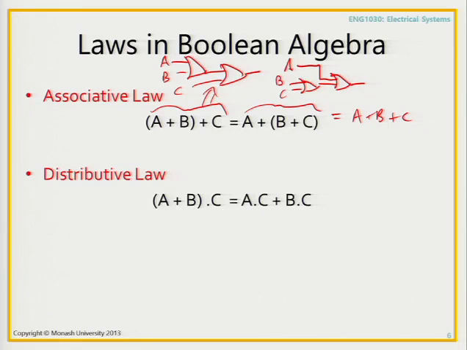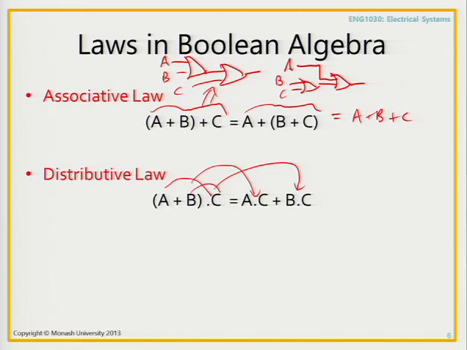Boolean algebra also follows the distributive law. So this is where you multiply a variable by something in brackets, and in this case, the thing in brackets is an addition. So over here, you've got A plus B, so A or B, and C, and you can do the same thing as you do in normal algebra, which is you multiply AC to give us this one, and you multiply BC to give us this one.